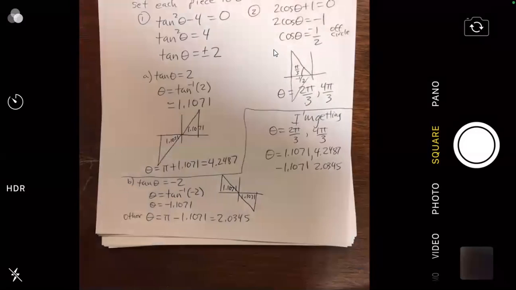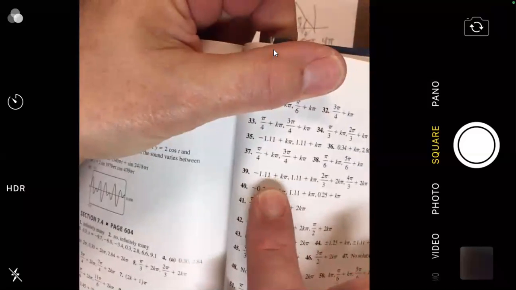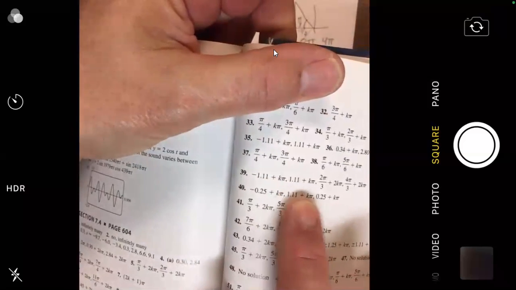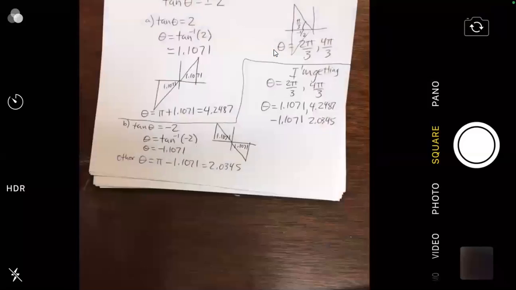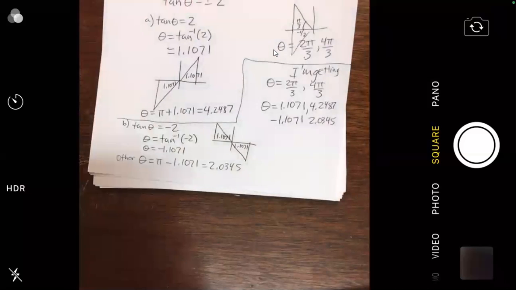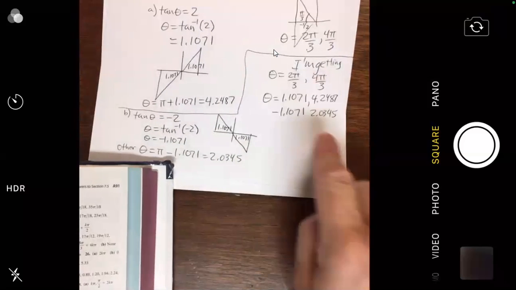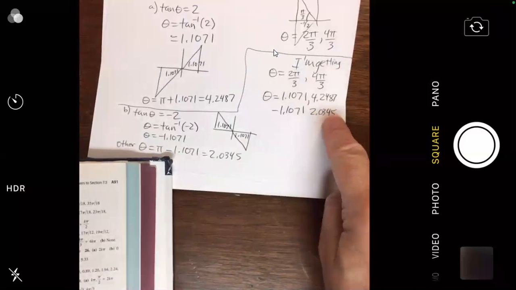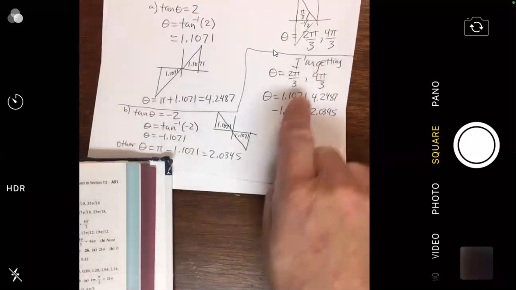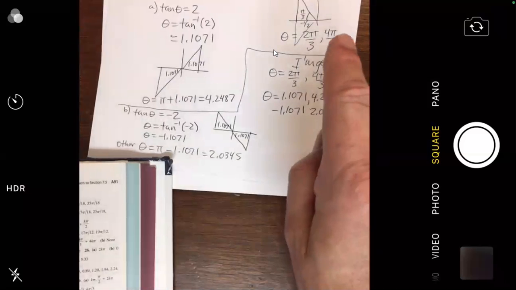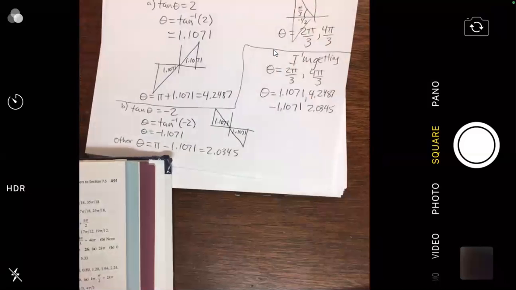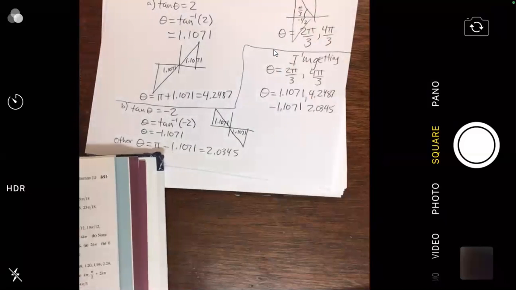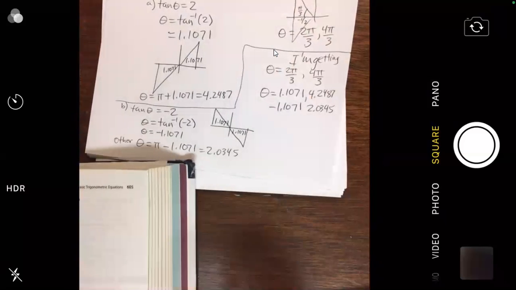Okay, they're writing down the negative one, they're rounding it to negative 1.11, positive 1.11, 2 pi over 3, and 4 pi over 3, adding on a 2k pi. So I'm getting these front numbers, and they're not writing these two down because they'd be tacked on with the k pi, and then they're writing these two front numbers tacked on with 2k pi. Okay.